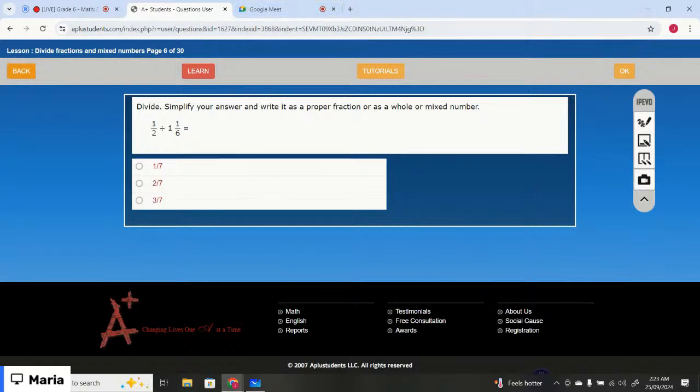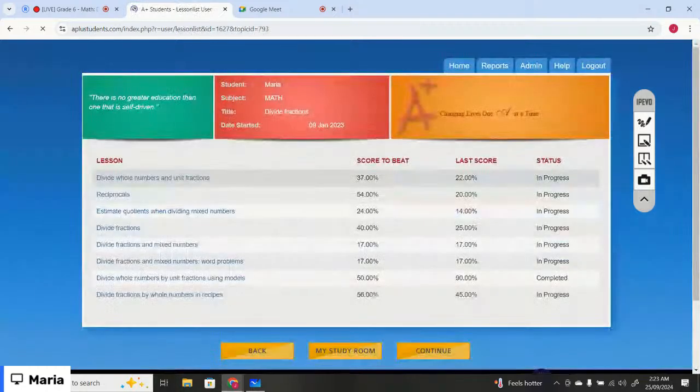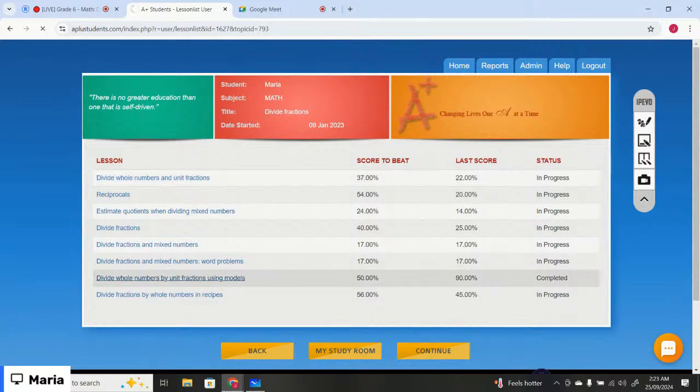The next lesson is divide fractions and mixed numbers word problems. You can do the word problems on your own. The next one is divide whole numbers by unit fractions using models.